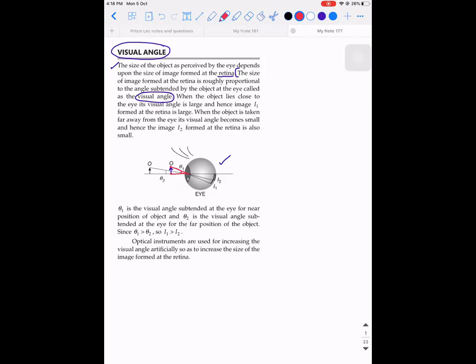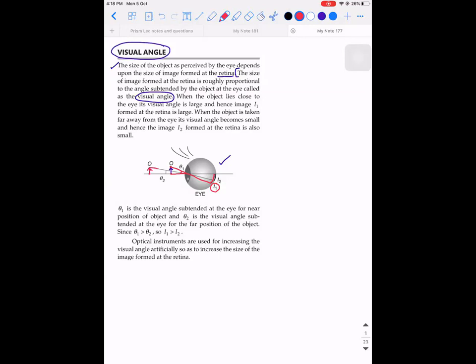If you draw it exactly like this, where is the image formed? The image is formed here. You can observe I1, the image formed at position number 1. Suppose you move the same object to a greater distance. What will happen?